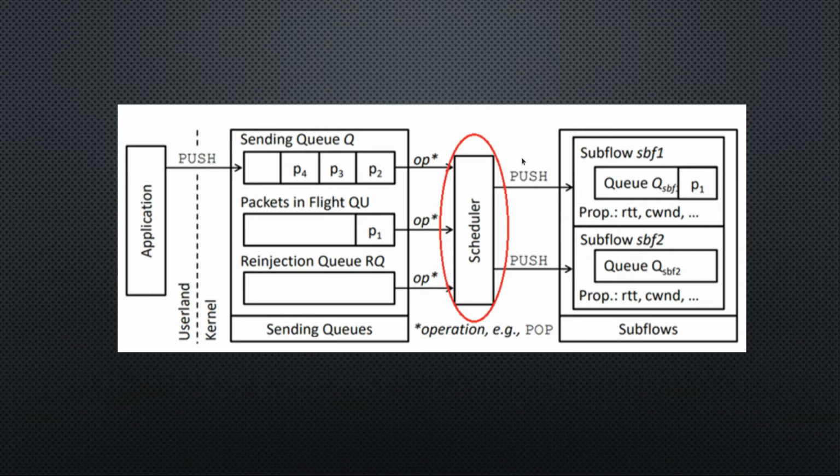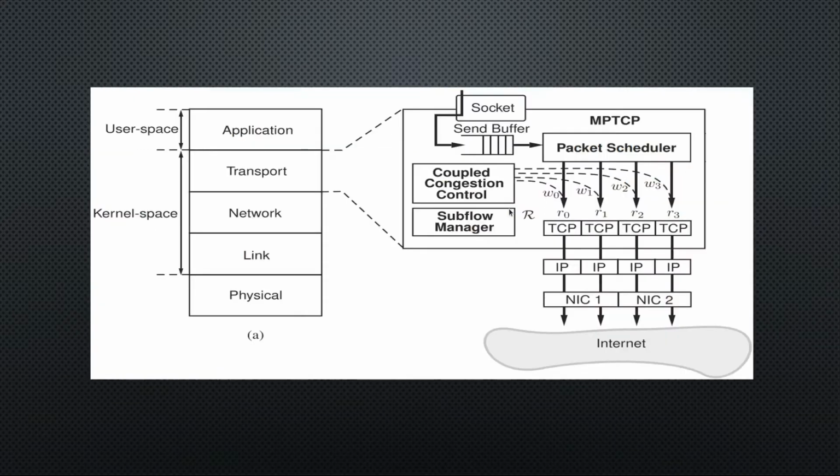For example, if both subflows are available, it means that they have some space in the receive window or congestion window, and the RTT for this one is lower than this one, so it chooses this one as the transmission subflow. After choosing the subflow, for example, this is the socket and the scheduler is here, and it has chosen R0.